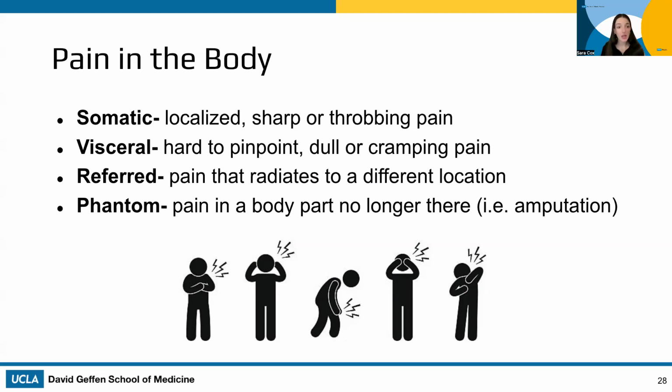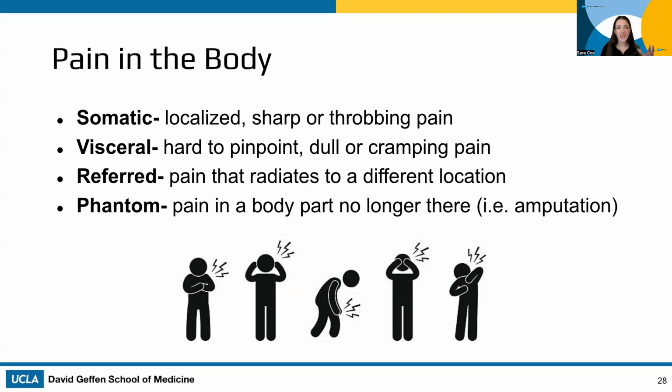So somatic pain, this is a really well localized type of pain, often described as sharp or throbbing pain. Think of this kind of like shutting your hand in a door. You know that pain. On the other hand, we have visceral pain. Now, this is oftentimes very poorly localized, hard to pinpoint where it's coming from in the body, described as a dull or cramping pain, kind of like that random stomach ache you get and you can't really identify.